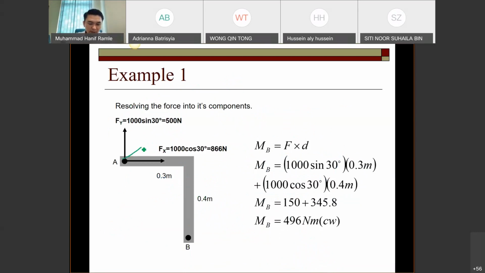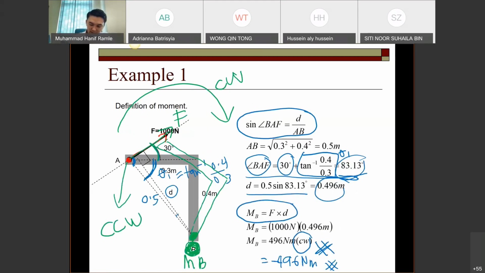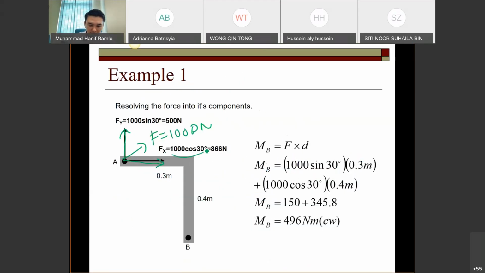We do have F equal to 1000 Newton. You have to resolve into X component and also Y component as shown in the slide. The angle given there is 30 degrees. You have Fx equal to 866 Newton, and then Fy 500 Newton.